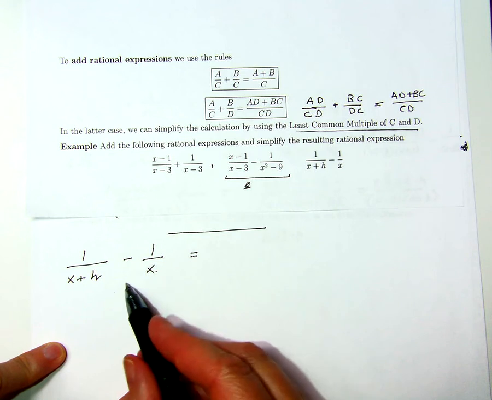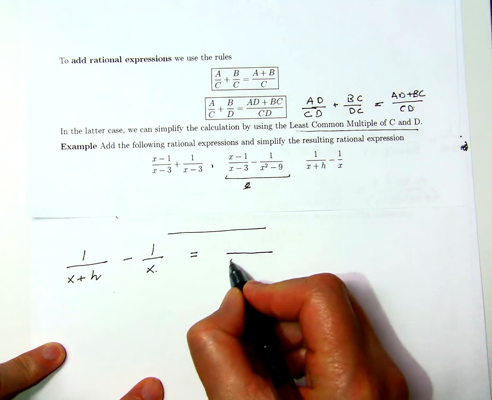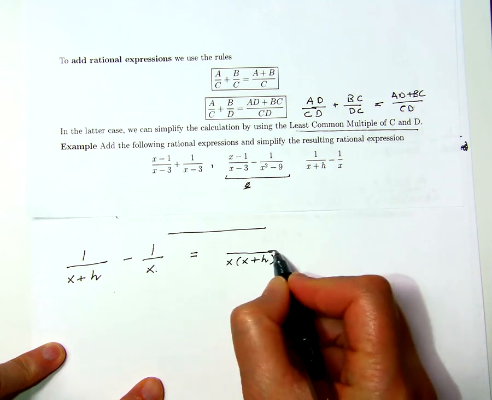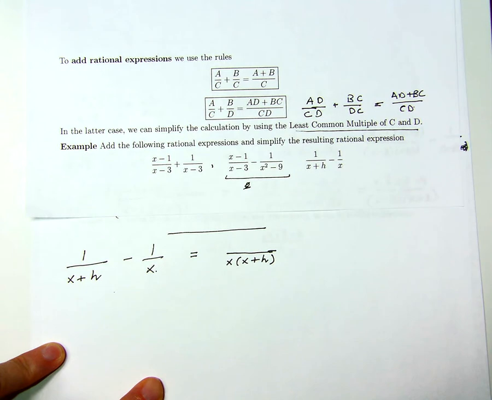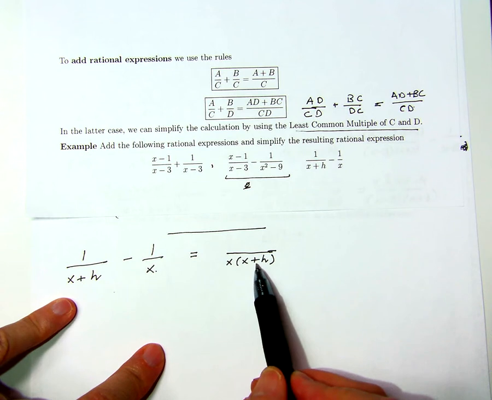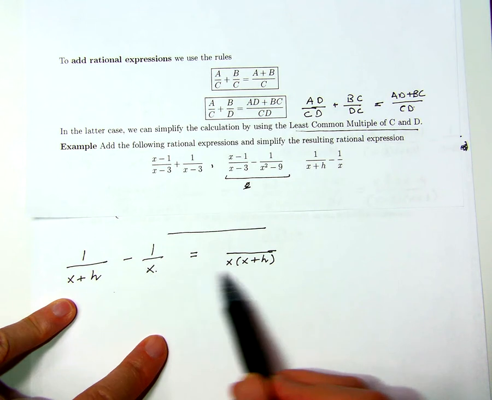So how do I add these two fractions or subtract them? I need to create the common denominator, and that's x times x plus h. And then we have x plus h into this quantity goes x times. In other words, this divided by x plus h is x.